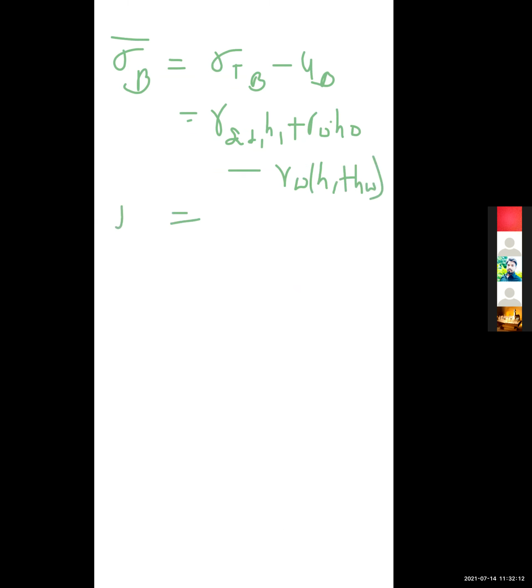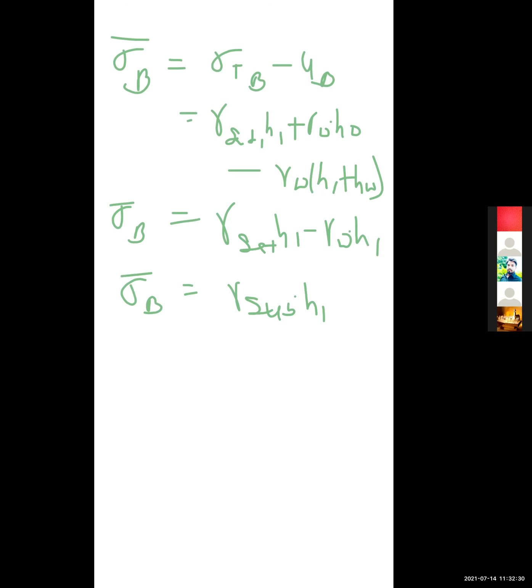Here we can write the same condition: effective stress equals gamma sat H1 minus gamma W into H1, that is gamma submerged into H1.